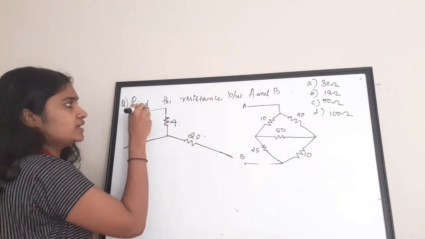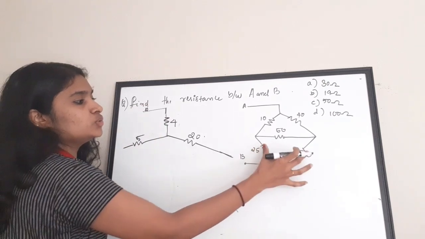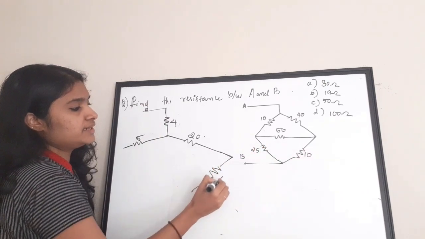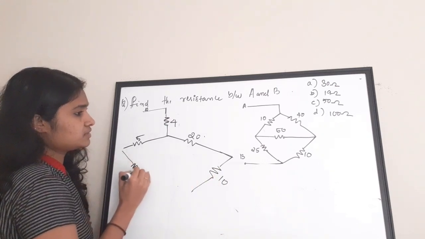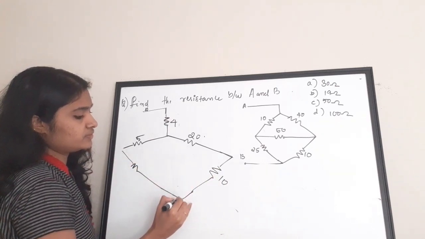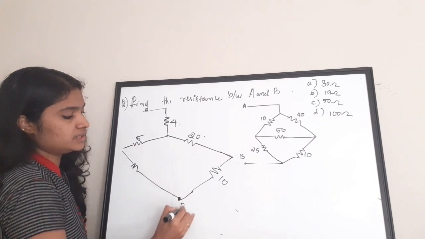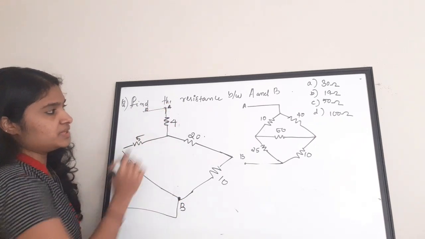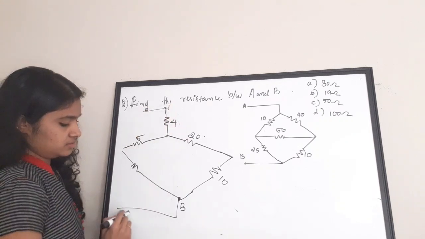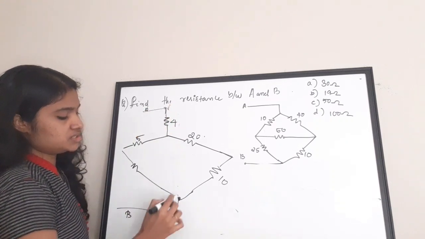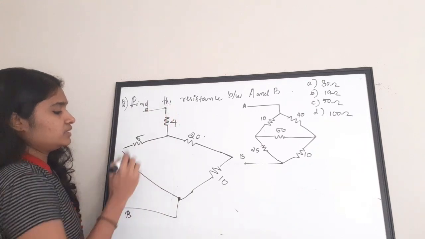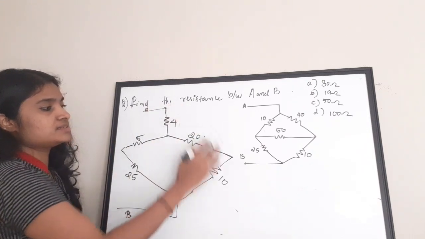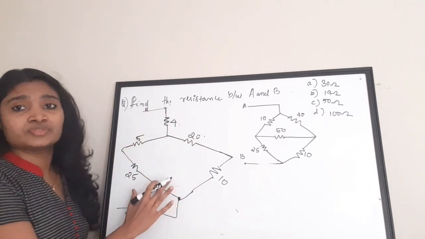Now this is my A, and there are two other resistors, right, which is having value 10 and 25, and this is my B, right? So now this is my A and this is my B. Okay, I'll write it here. Okay, so this is my B and this is my A. This value is 25. Now I need to find the equivalent resistance of this.